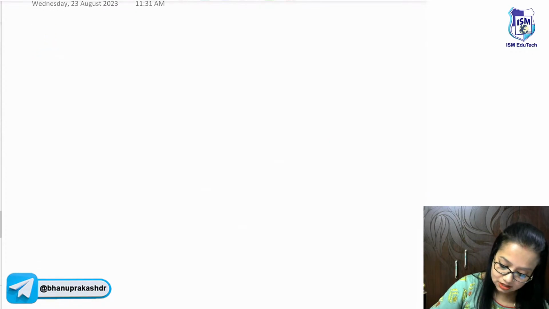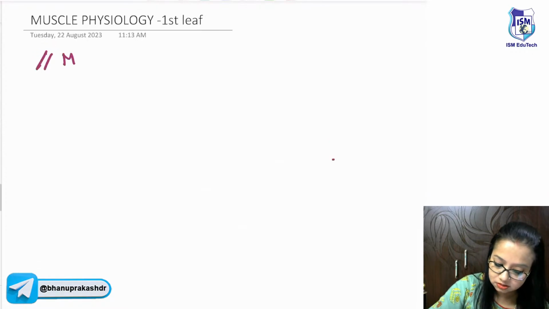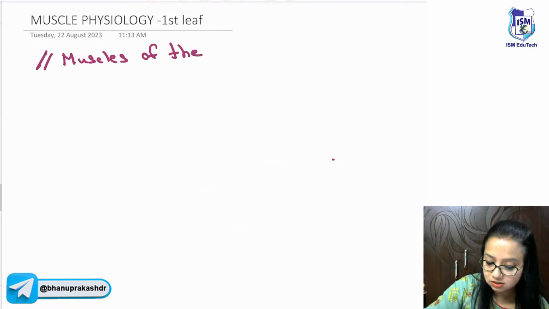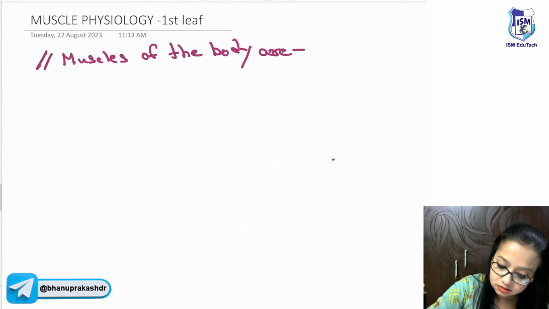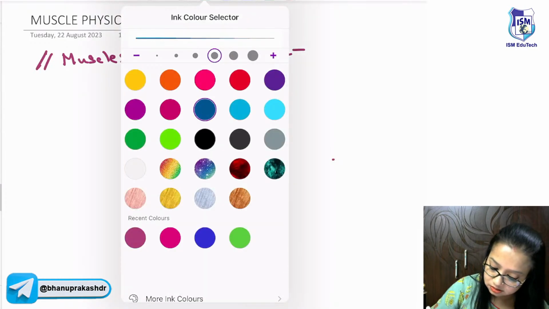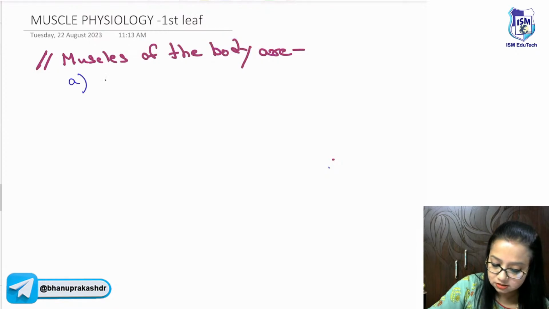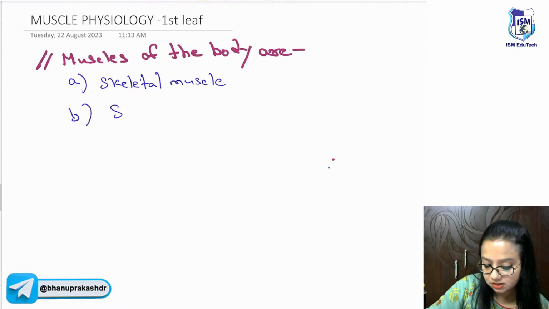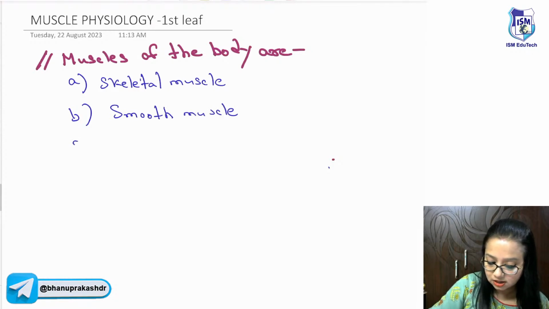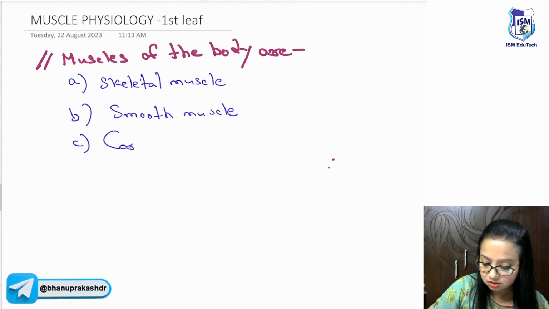The classifications: the muscles of the body are the skeletal muscle, we have the smooth muscle, and our cardiac muscle.